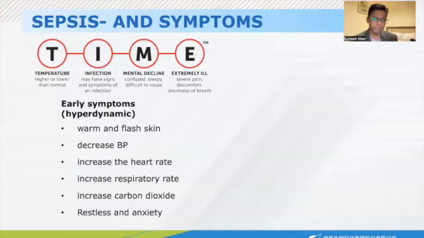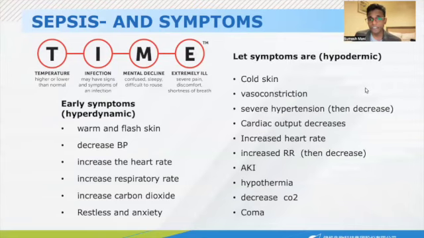So now sepsis symptoms, if you look into that, they have TIME: temperature, infection, mental decline, and extreme illness. So that's the way it goes to where the patient is no longer responding. The early symptoms are normally warm, flushed skin, decreased BP, increased heart rate, increased respiratory rate, restlessness and anxiety. And when the patient becomes, we can call this hyperdynamic and hypodynamic, okay, spelling mistake.